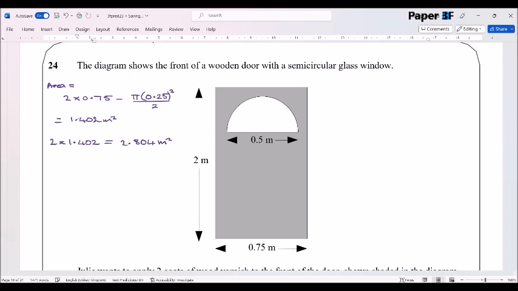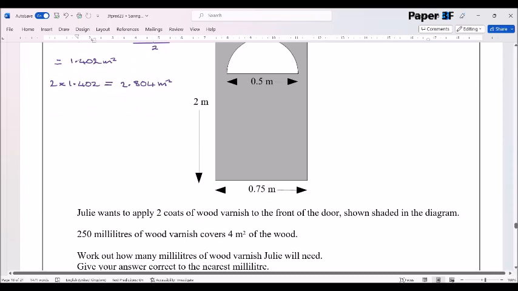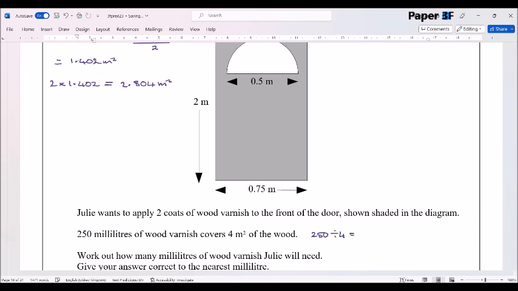And next, we need to know how much varnish we want. So first of all, 250 millilitres covers 4 meters squared. So next, we need to find out 1 meter squared. So for 1 meter squared, we're going to do 250 divided by 4, which gives me 62.5 millilitres for 1 meter squared.